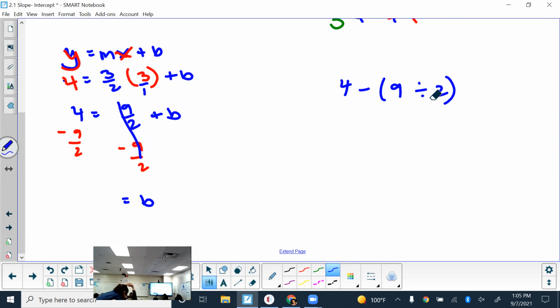That's why I tell you guys to try it, because we can avoid this on the test. All right, once we put that in our calculator, we get b is -0.5. Put it all together in slope-intercept form. Y equals 3/2 x minus 0.5.